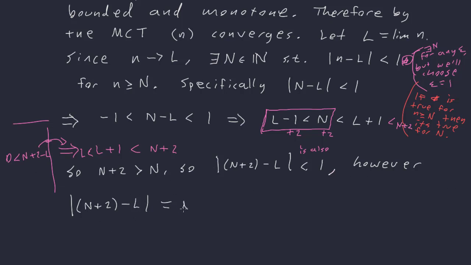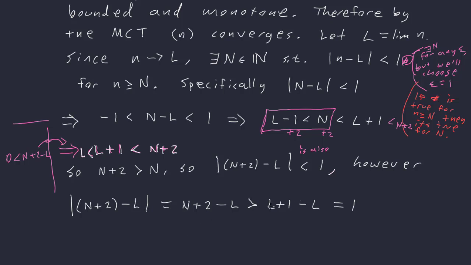That's just going to be N plus 2 minus L. And this is actually part of our proof here. Sorry if that wasn't clear. N plus 2 is strictly greater than L plus 1. So N plus 2 minus L is strictly greater than L plus 1 minus L, which is equal to 1.